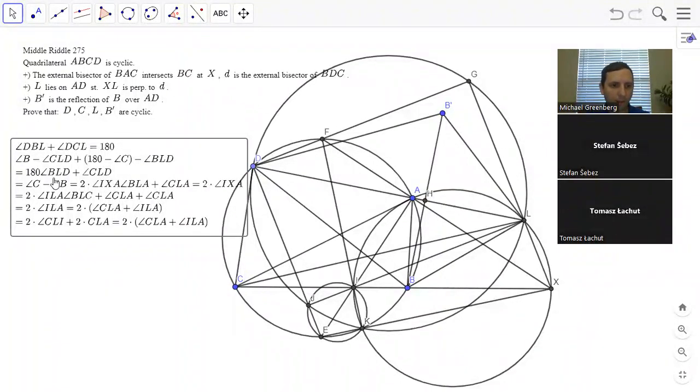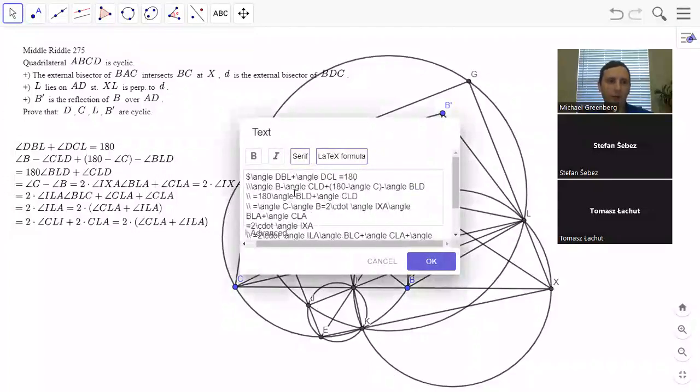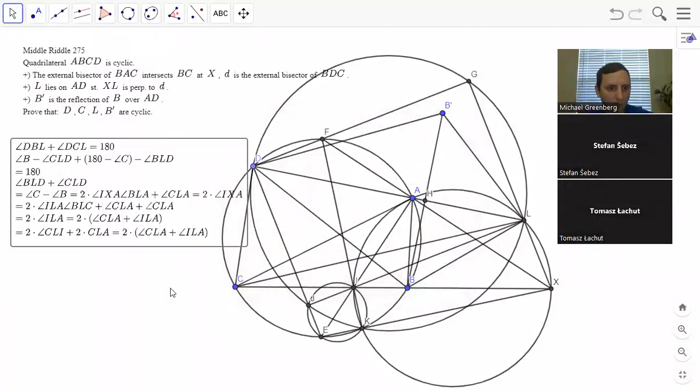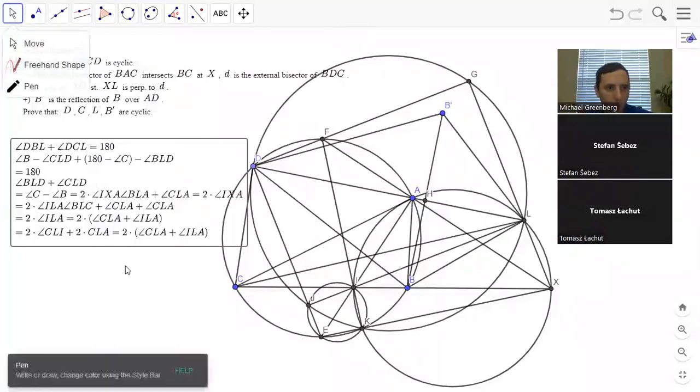So the next one is B minus CLD plus 180 minus C minus BLD is 180. Okay, so that's kind of just true algebraically, right? Yeah, but maybe this actually has a bit of issues with configuration.